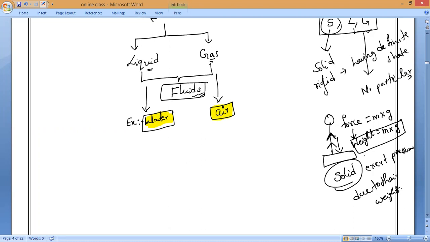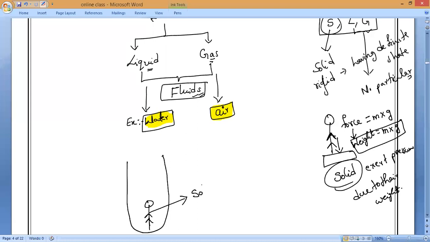can see it on the walls of the container which they are enclosed in, in all the directions. Suppose this is the container, and let me take Mr. Arun and keep him inside. Now is this Arun a solid, liquid or gas?